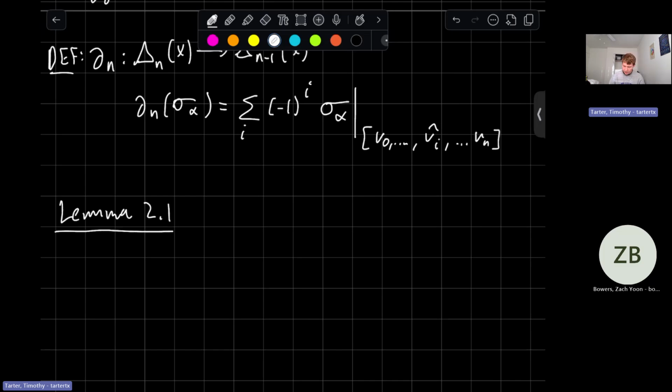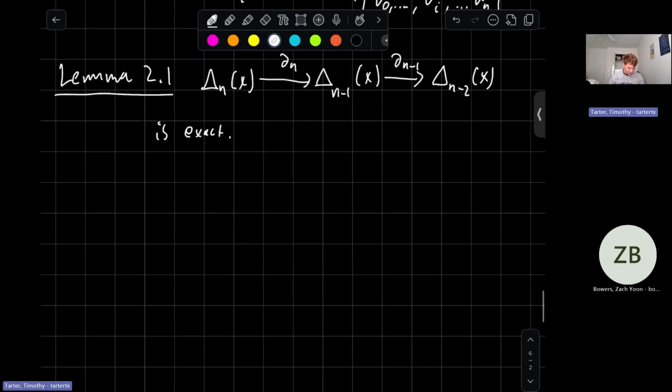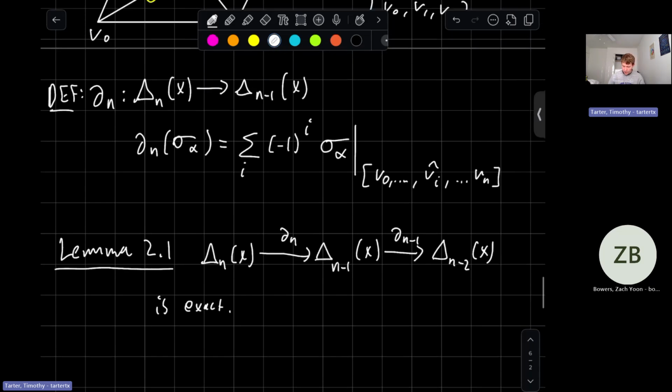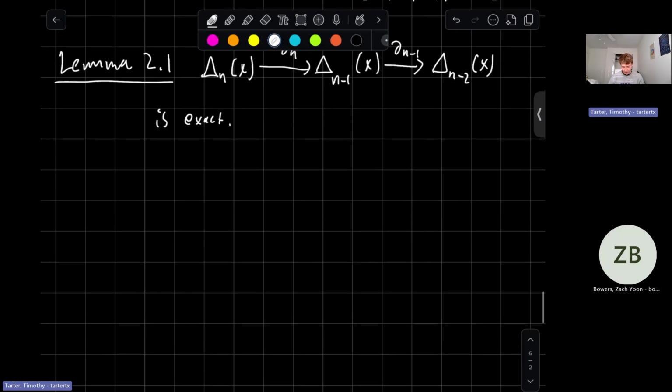So lemma 2.1, we have that the composition, rather the chain here, n minus 2, is exact. Really the way this is phrased is that it's 0, right?